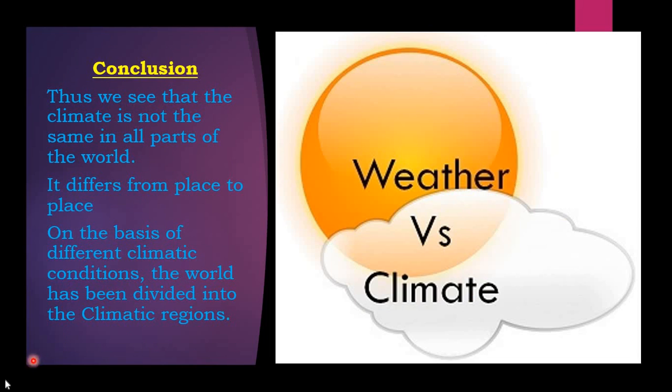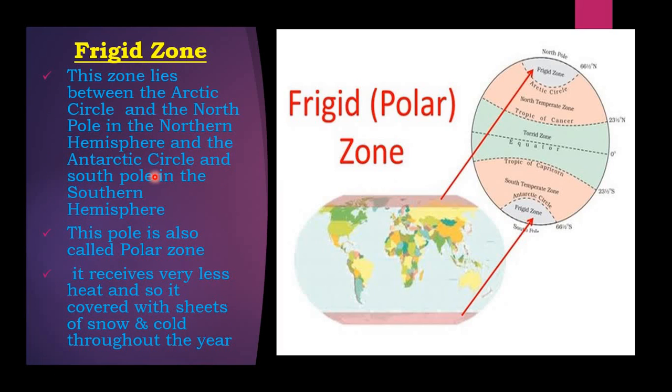It receives very little heat from the sun. Most of the months they do not receive the sun rays at all. So it is covered with thick sheets of snow.